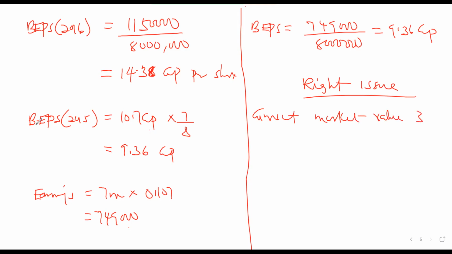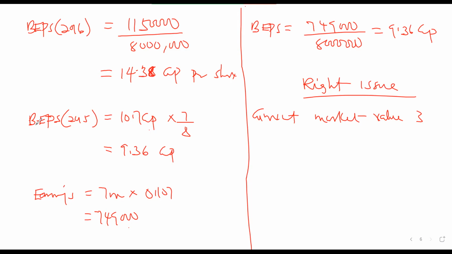3 cedi. But the right issue will be made at a value lower than what? The current market value. It means that there's a portion that is being issued at a bonus. So the right issue will always be done at a price lower than the current market value, because you are doing this to motivate the existing shareholders to exercise their rights.